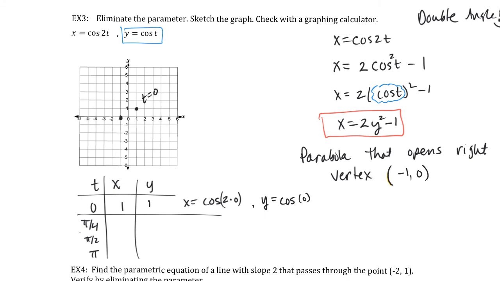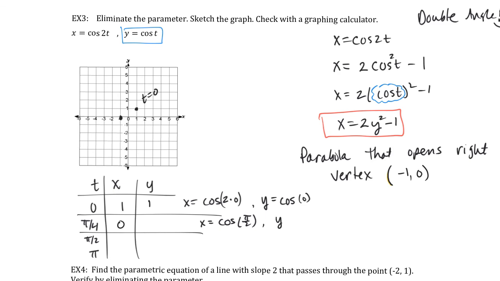We could have started at t equals negative 2, or wherever we wanted, but we'll just get a sense of which direction it's going. So at pi over 4, x is equal to cosine of 2 times pi over 4. That would be pi over 2, and the cosine of pi over 2 is 0, because that's the x value.